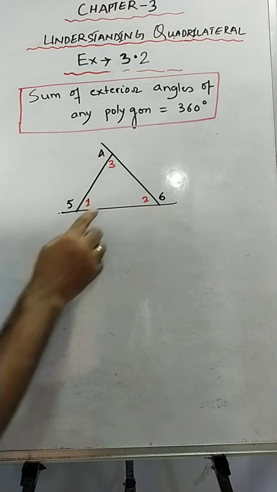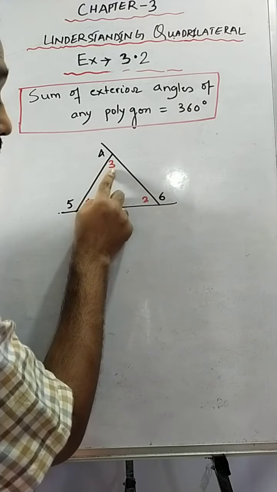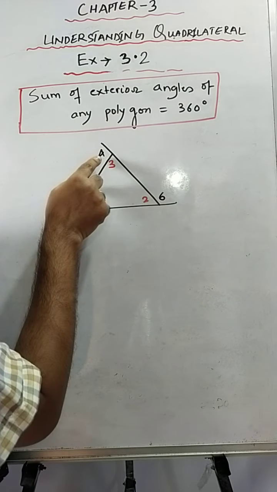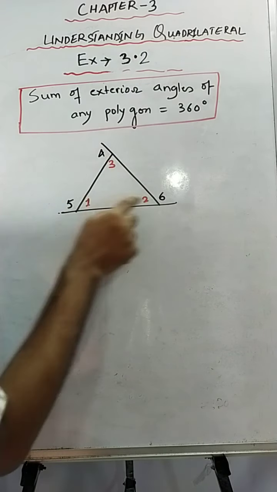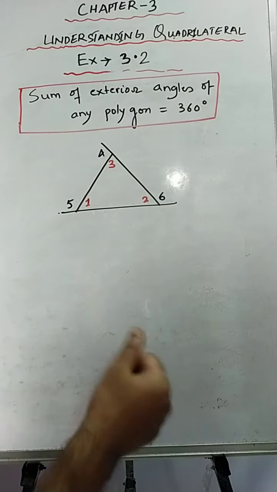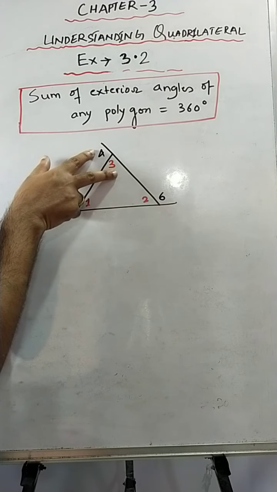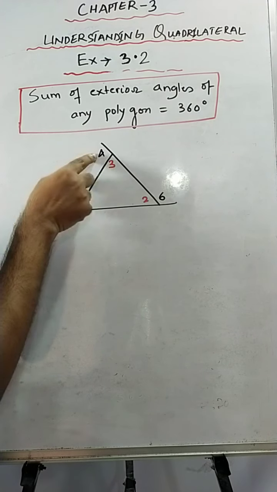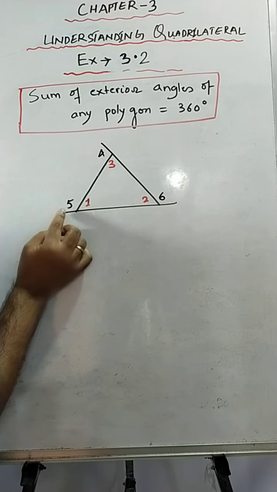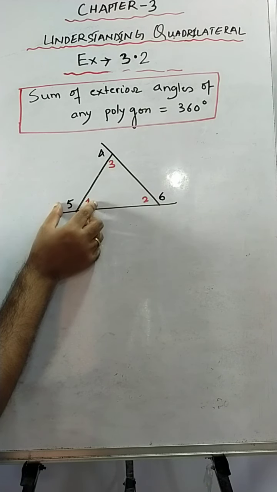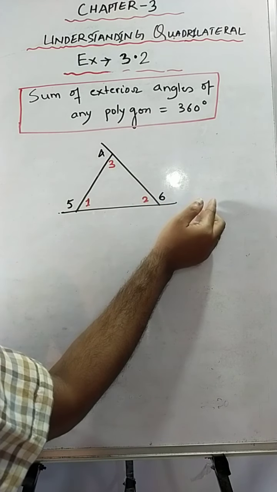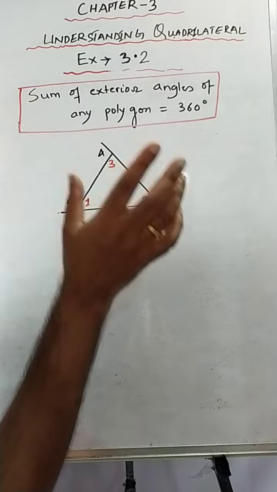Okay, so all the angles which are written with red color are all interior angles of a triangle, and the angles which are written with black color are all exterior angles of a triangle. Fine. And these two angles are a linear pair, 4 and 3. The sum of these two angles will be equal to 180 degree. 1 and 5 is also a linear pair. That is 1 plus 5 would also be equal to 180 degree. Similarly, 2 plus 6 will also be equal to 180 degree, because they are also a linear pair.